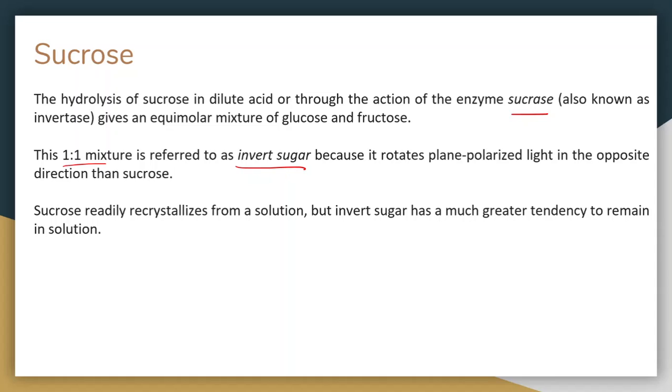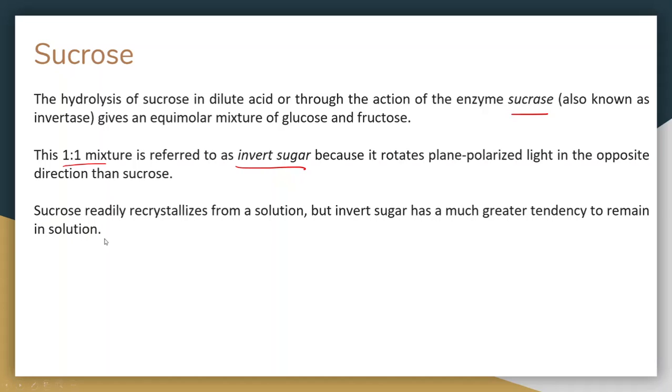Sucrose is in one direction and this mixture rotates the plane polarized light in the opposite direction. That is why it is inverting the polarization.